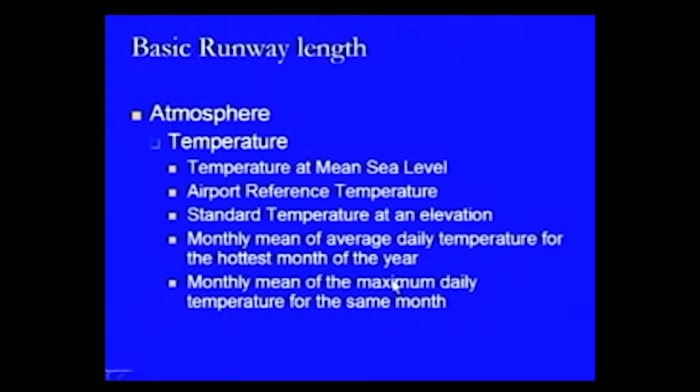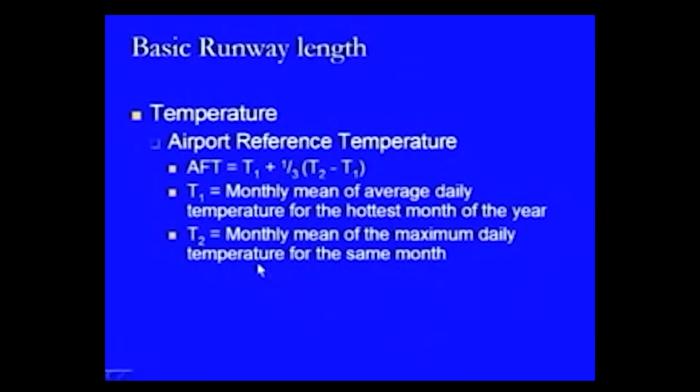Now, these two values we will be using so as to compute the value of airport reference temperature, and the standard temperature with respect to elevation will also be computed. This is how we will be doing.